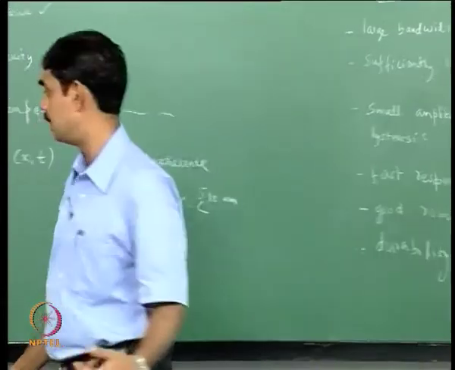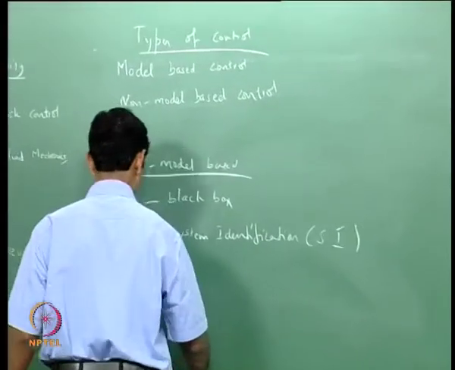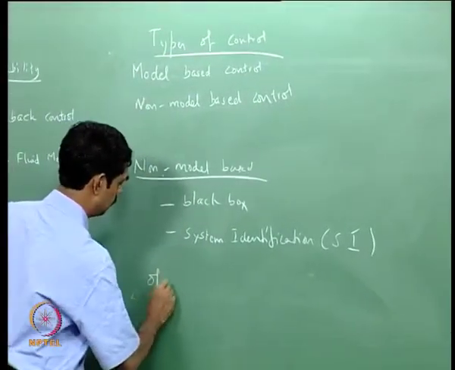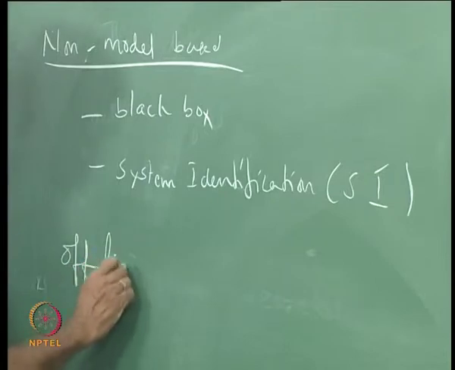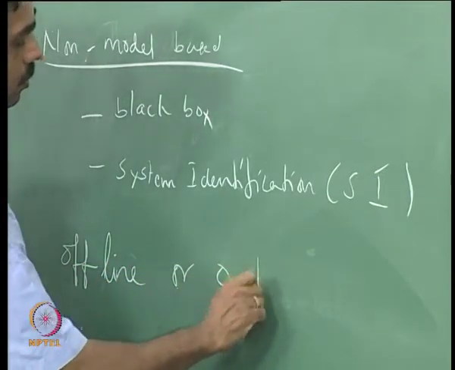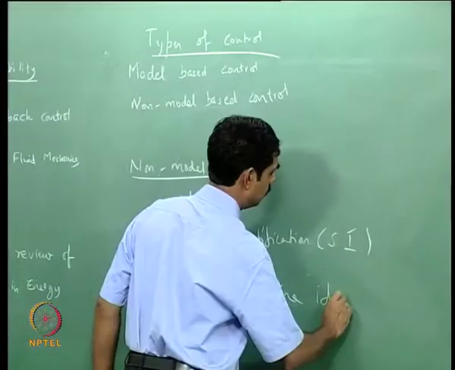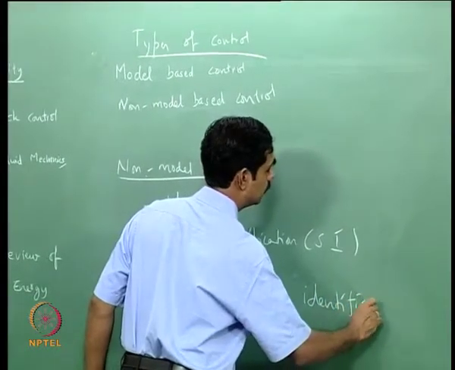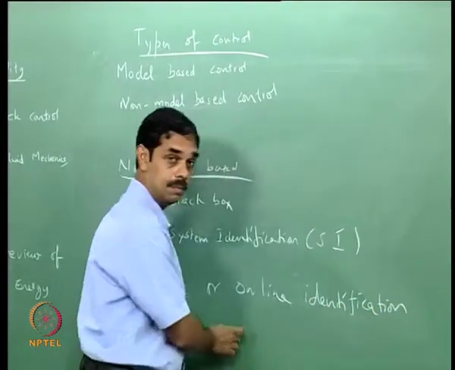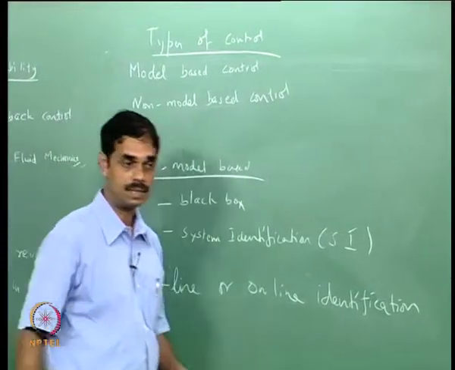So one is called offline, or online identification. Both kinds of system identification exist.